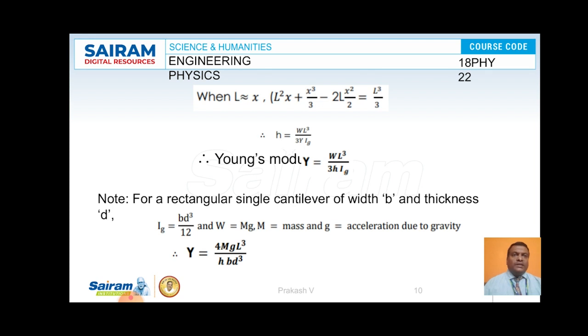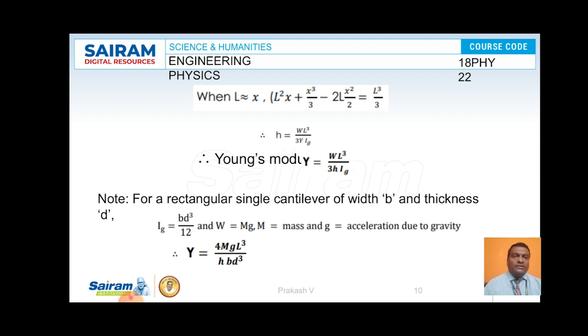So when X is approximately equal to L, we can write L square X plus X cube by 3 minus 2L X square by 2 is equal to L cube by 3. Therefore, the value of H becomes W L cube by 3 Y Ig. Therefore, Young's modulus can be written as Y is equal to W L cube by 3 H Ig.